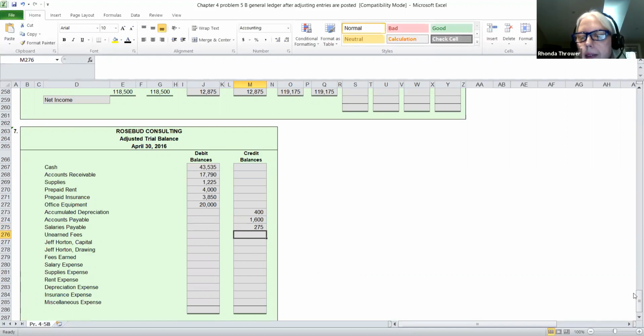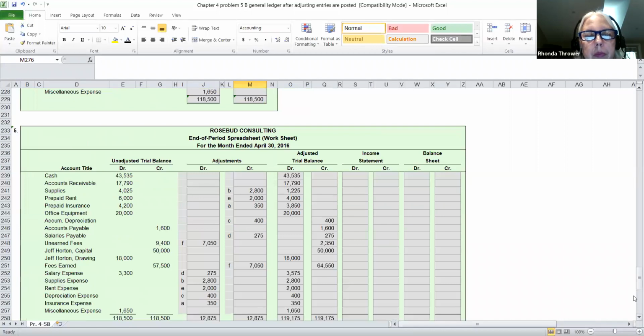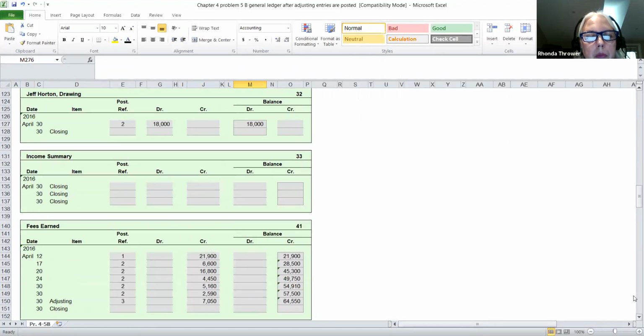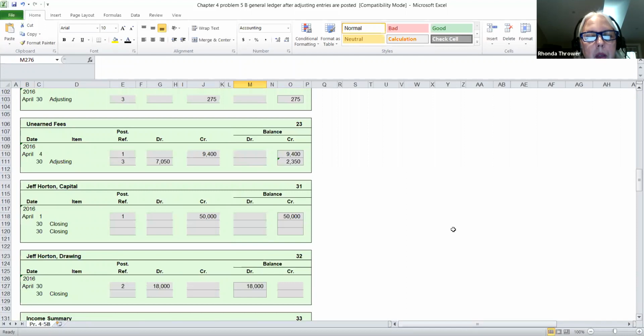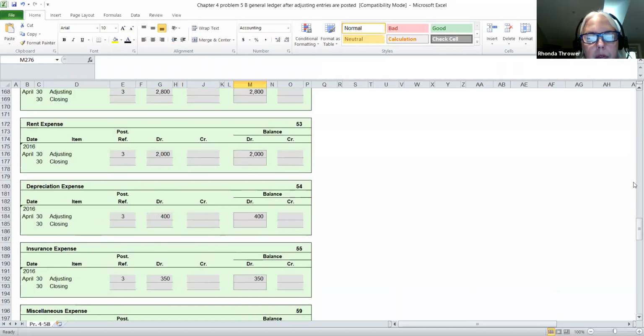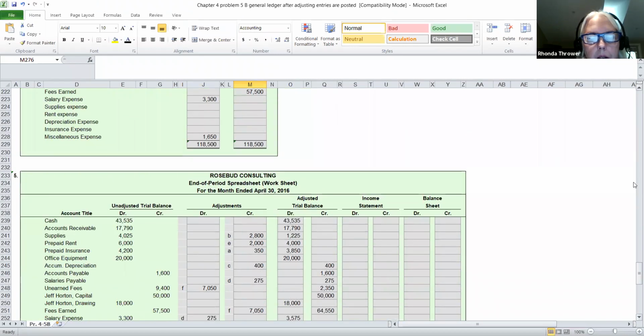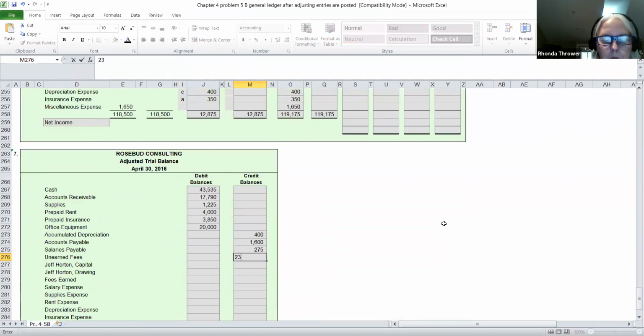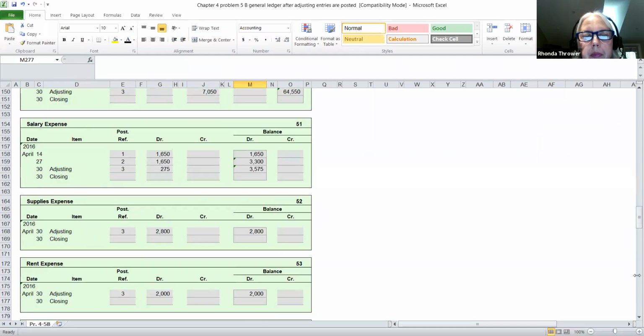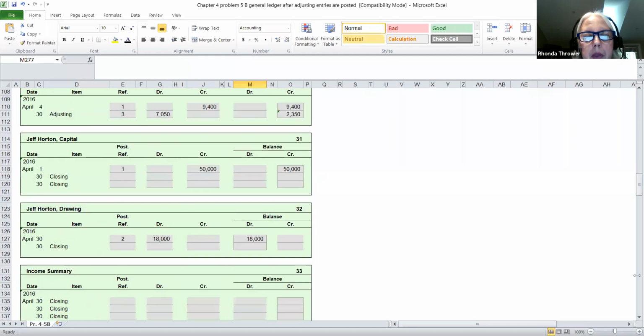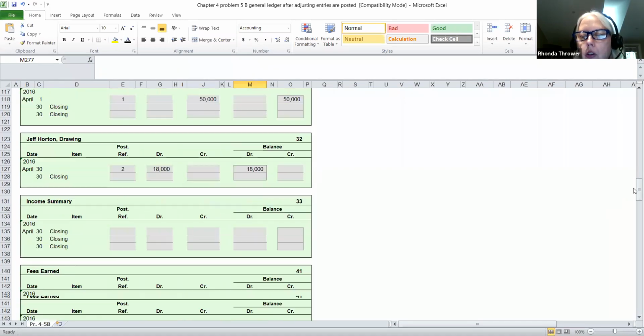My unearned fees is $2,350 after we've adjusted it. $2,350 is the balance that's still in there. Then our capital balance is still $50,000, it's unchanged.